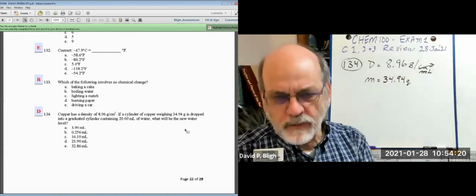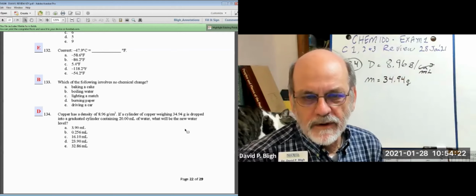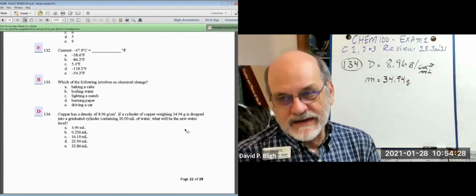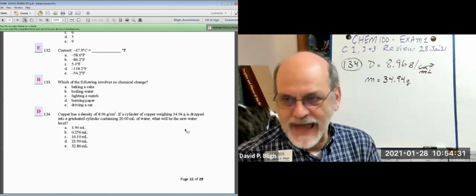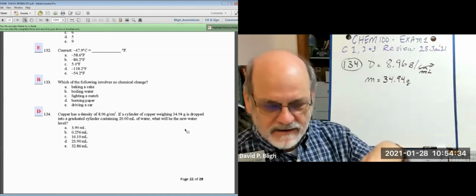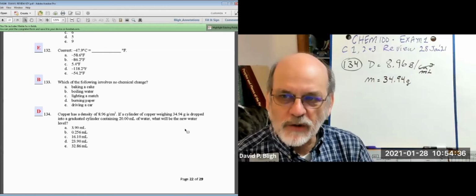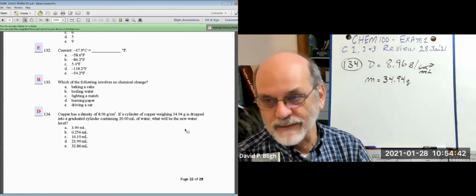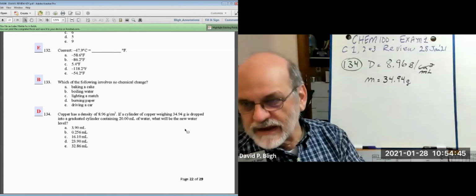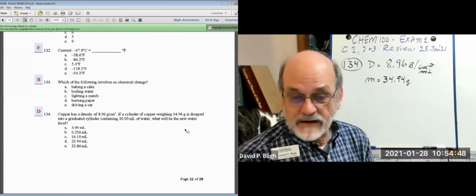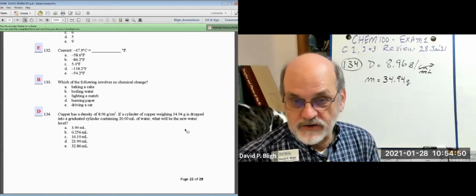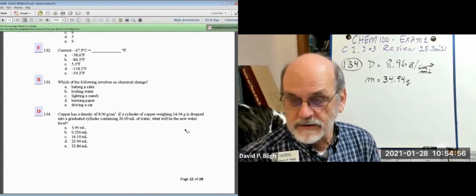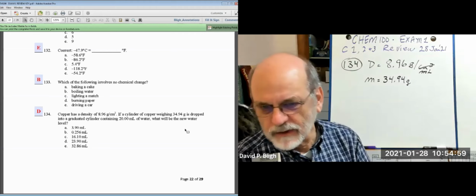Now notice the wording in this problem. If a cylinder of copper weighing 34.94 grams, weight is a force, right? It's not a mass. So the term weighing, giving you a mass, is grandfathered in from ancient times. When we say weight, we really mean mass. And many authors and instructors will say, if a cylinder of copper massing 34.94 grams, and I guess that's proper.